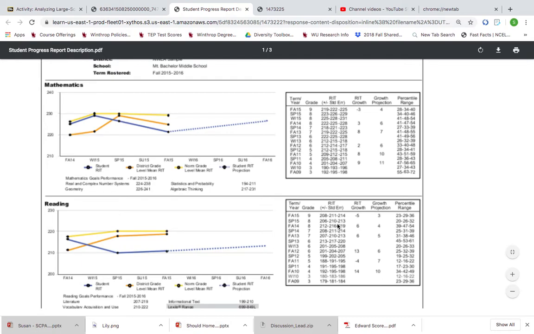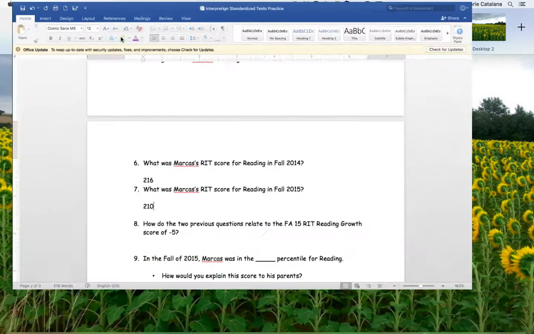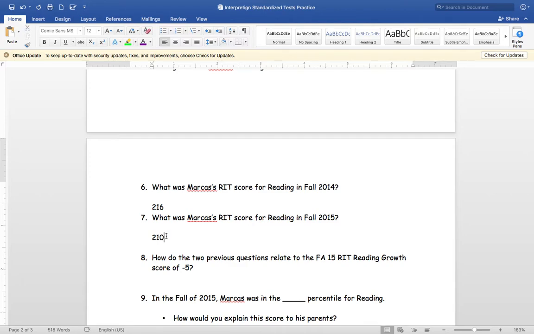And the reason I wanted to really emphasize this is where did that -5 come from? That's because he actually went down, okay? And actually this should be 211, sorry about that. So the difference between 216 and 211, that's where we're getting that -5.